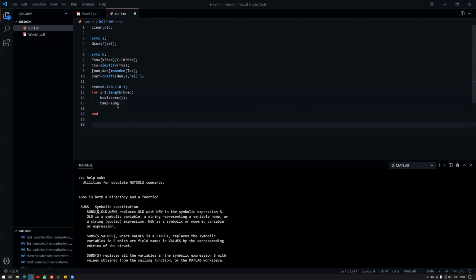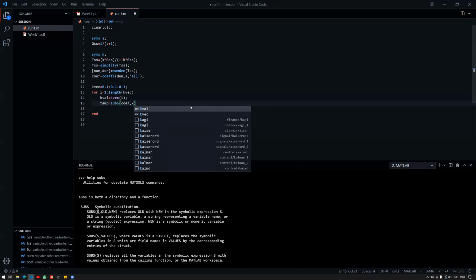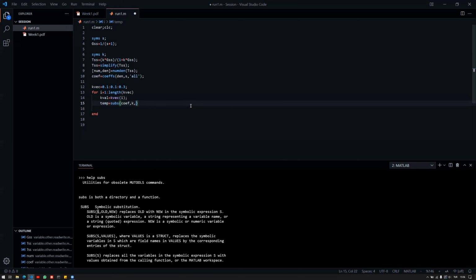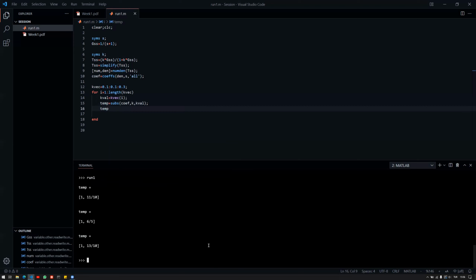So therefore, our old expression is the coefficient vector that we've calculated here. Our old symbolic variable is k, because we want to plug in into k, and then we have kval. So if we do this and see what the outcome is, you can see that there are 3 values here.